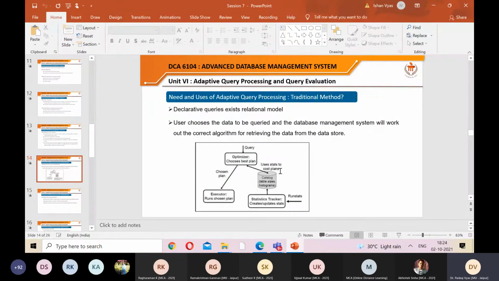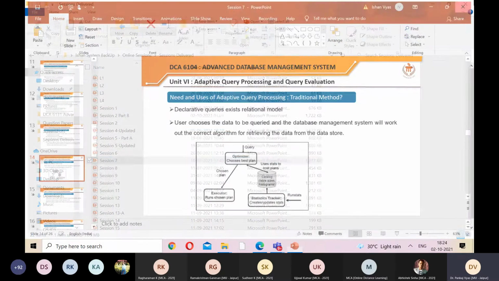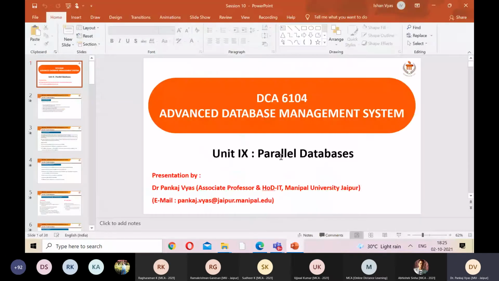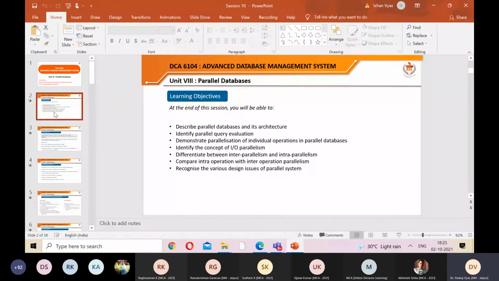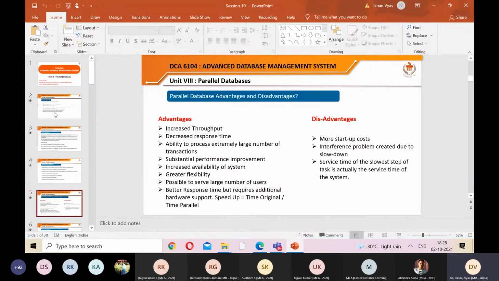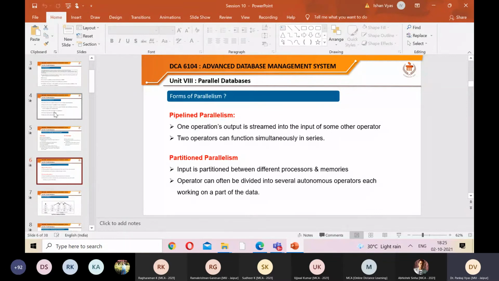Adaptive query processing, clear. Actually, you can expect long-type questions from the higher units, particularly unit number 10 in parallel databases, then distributed databases, object-oriented databases. Clear?